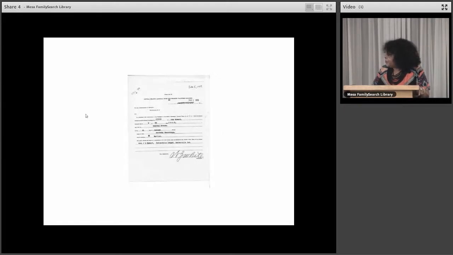Death records. This is a death certificate for my great-great-grandfather from 1919. He died of a cerebral hemorrhage. I think that's a stroke. You want to keep up, if you can, with the death certificates, the death records.